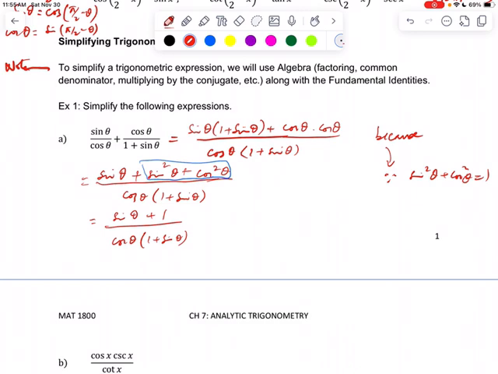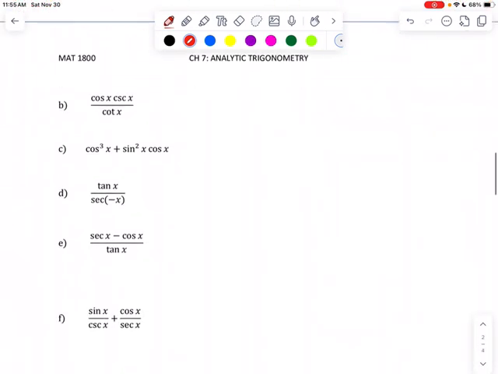That's why we could replace this quantity by 1. So you should be able to see that the top and the bottom factor cancel out, and we are left with 1 over cosine of theta, which is secant of theta. So we simplified it to secant of theta by using our identity.